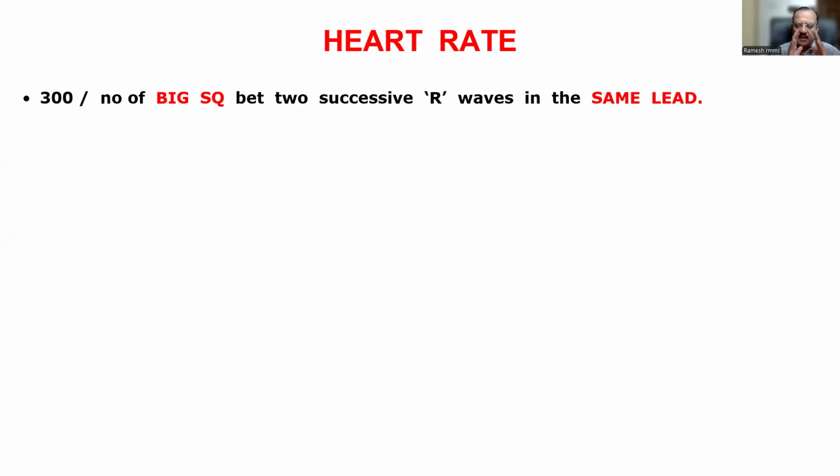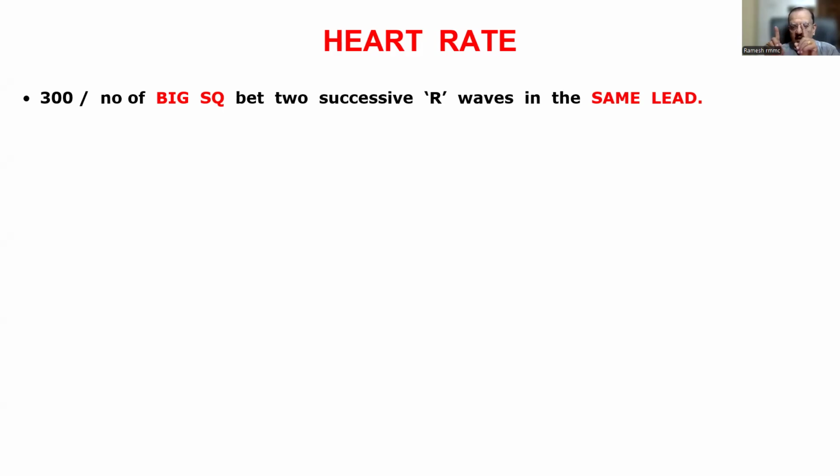Take any one particular lead, lead 1 or lead 2 or aVR or V5, V6, mark one R wave, mark the next R wave, and count how many big squares are there in between.